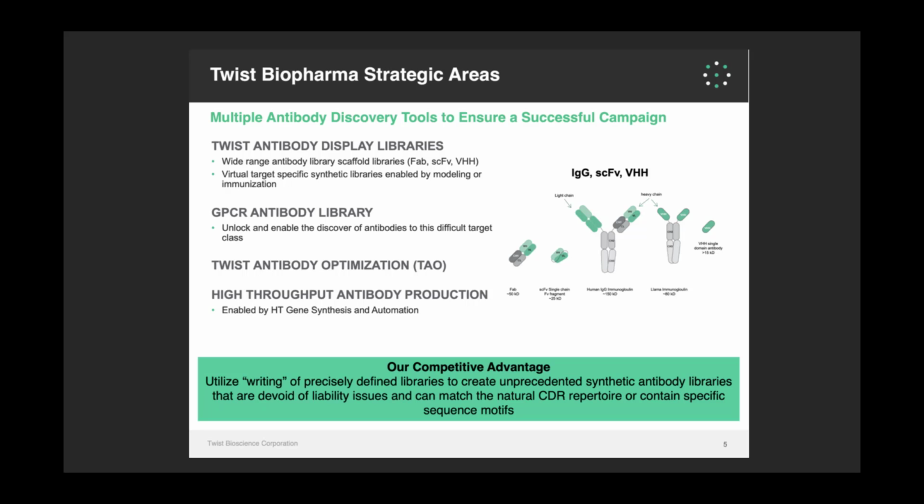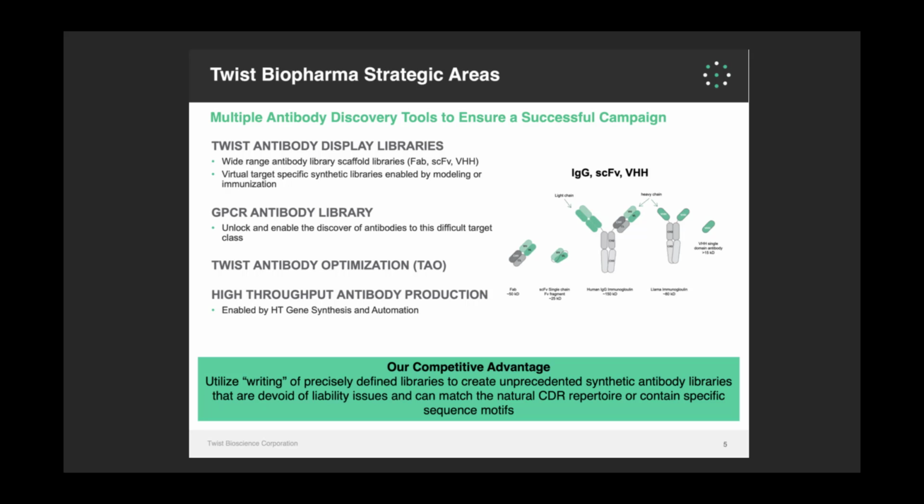Our primary difficult to drug class of targets are GPCRs, for which we have two libraries. We're continuing to innovate in this space to create libraries against ion channels and other things like carbohydrates as well. Thirdly, we have a whole platform for antibody optimization. I will also talk about this today as it relates to affinity ranking and binning.